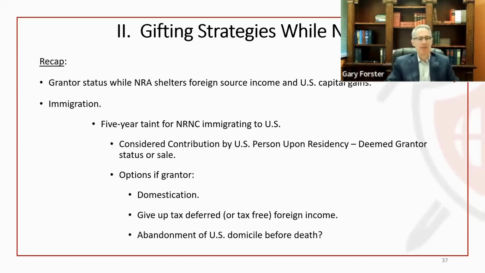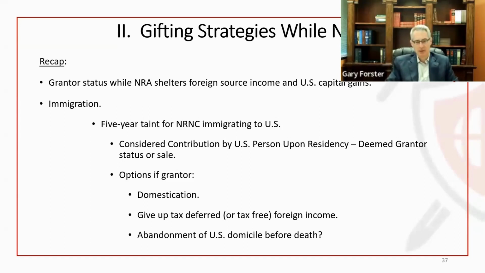And that's your recap. So it's grantor status, right? While you're in the States, you move in, you don't wait 5 years. If you wait 5 years, you're all set. If you move in within the 5 years to the States, you become a U.S. tax resident.